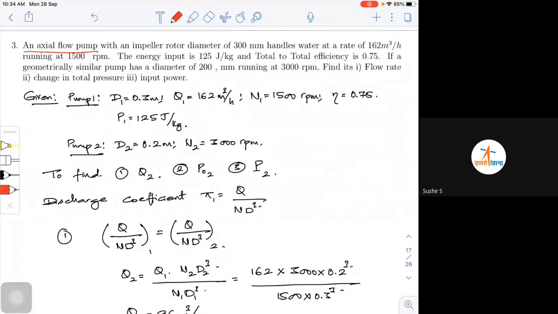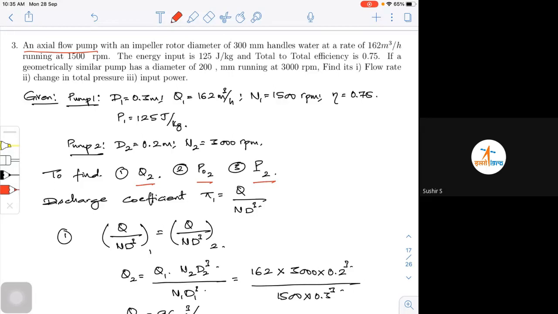For pump 2, the diameter is given and the speed is given. Now, what are the things I need to find? I need to find its discharge, the total pressure change, and its power. So these are the things which are not there.